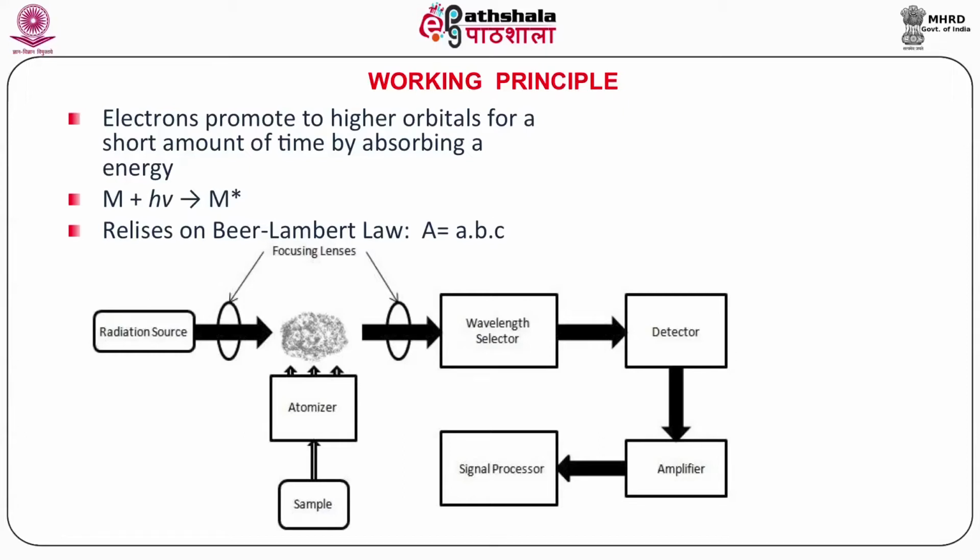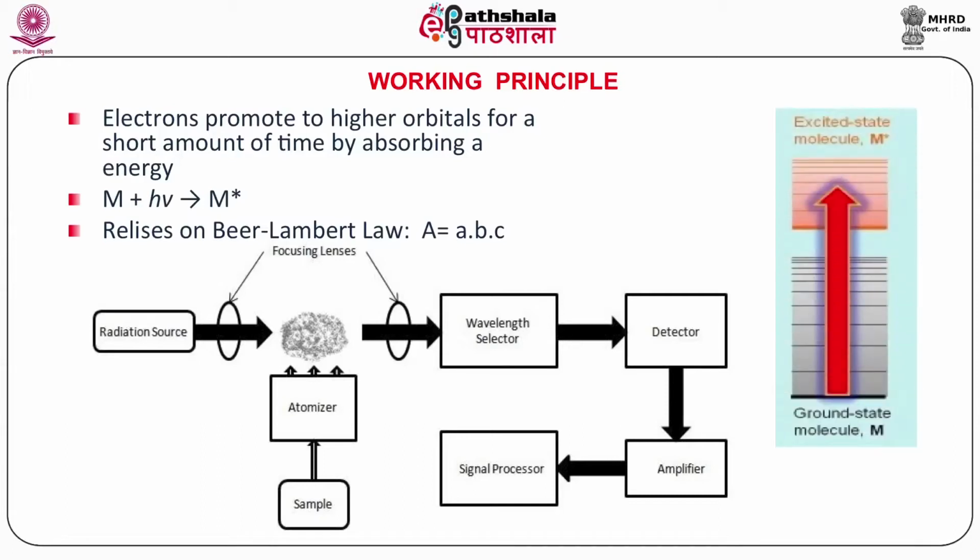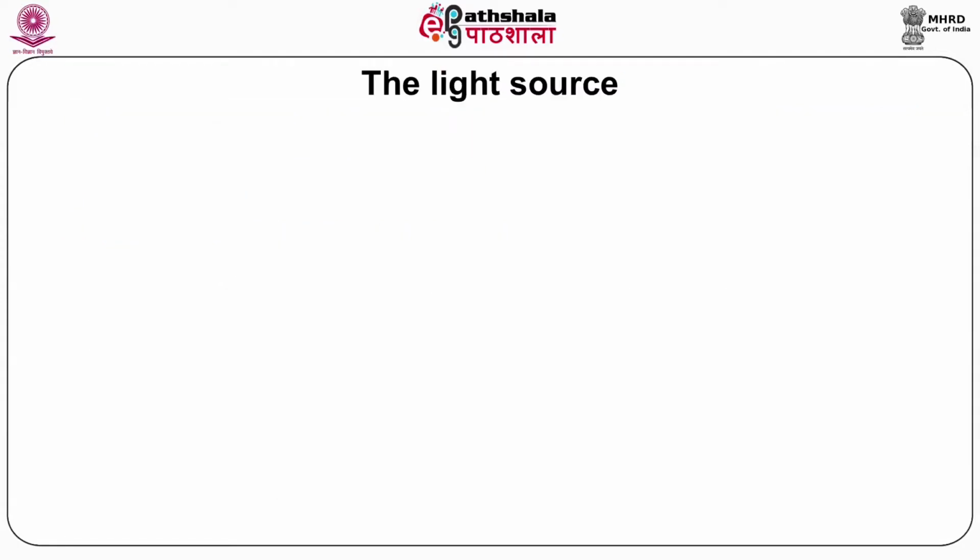You can see here the radiation light source, and on the other side the sample is atomized through the flame, and then the incident light falls on the detector, through which you can detect the amount of light absorbed. Now we discuss the components of atomic absorption spectroscopy.